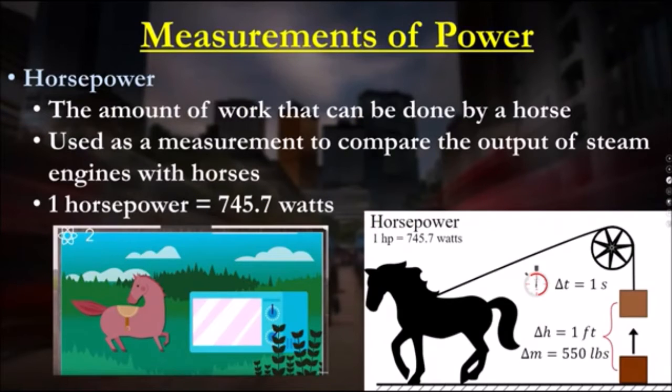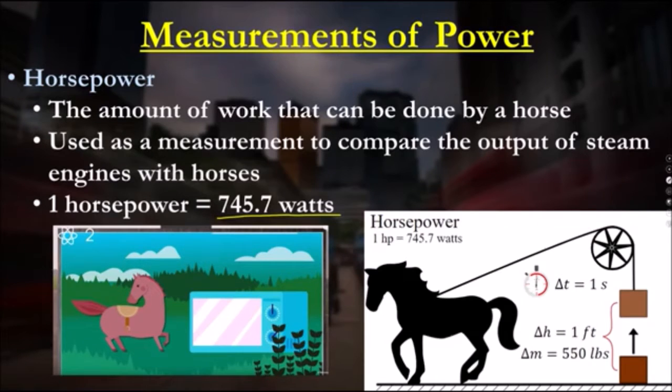Okay, we come to our measurements of power. You might hear when people are talking about cars, they say this car has so much horsepower, 50 horsepower or whatever. Now horsepower is equal to 745.7 watts. What does that actually mean, a horsepower?